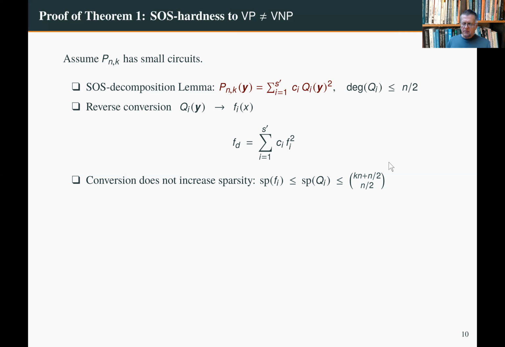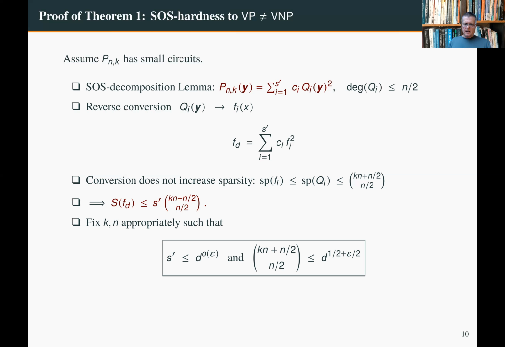And this is just the general combinatorial upper bound for the number of monomials such a polynomial can have: number of variables plus degree, choose degree. This is the trivial upper bound for any such polynomial. So that applies also to the Fi's. And so we can conclude that the support sum of FD is bounded by S prime times this binomial coefficient, because the sum has S prime terms.